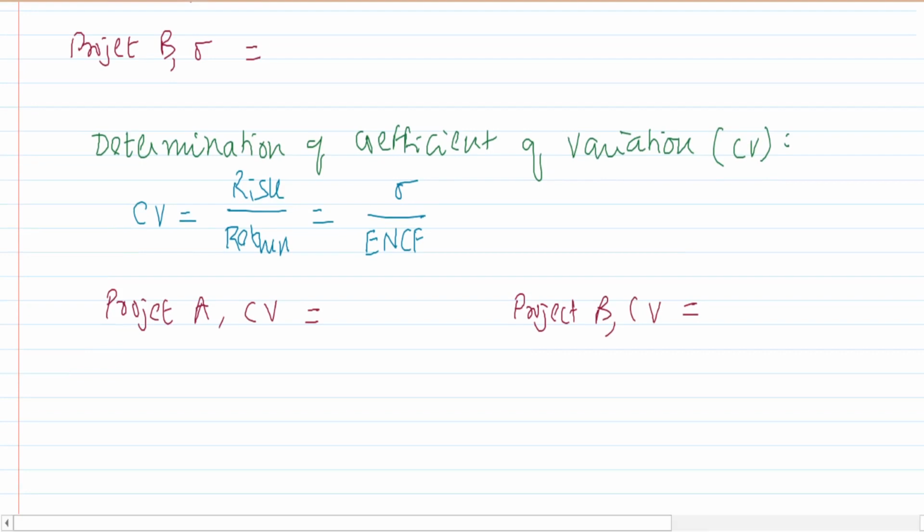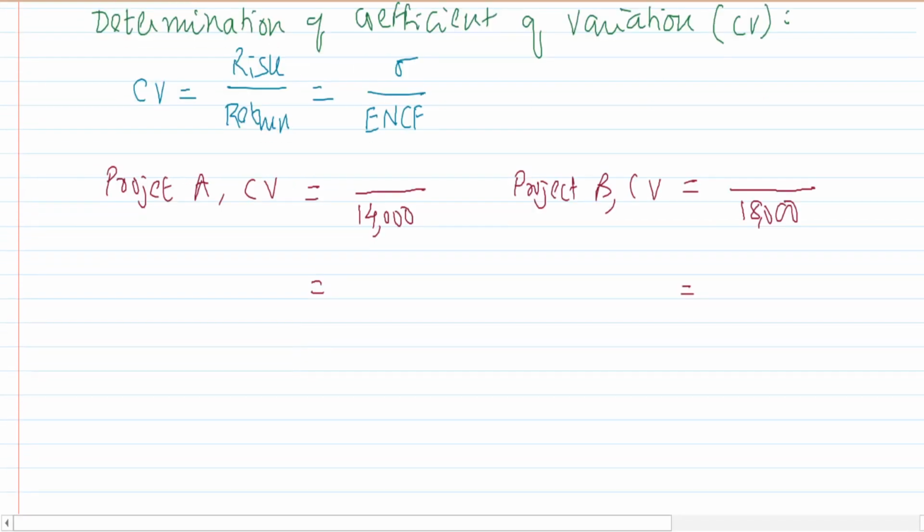Whatever is the standard deviation here, it will be divided by 14,000. And whatever is the standard deviation here, it will be divided by 18,000. So that is how I'm going to get my CV.